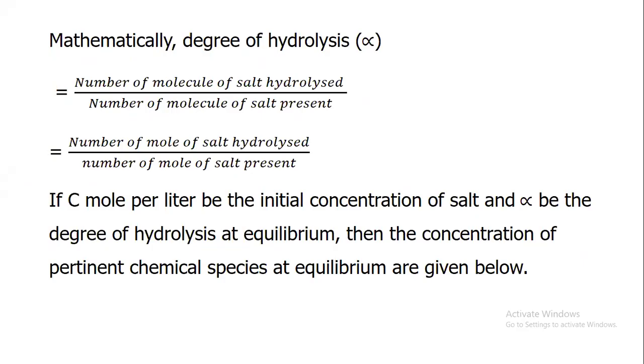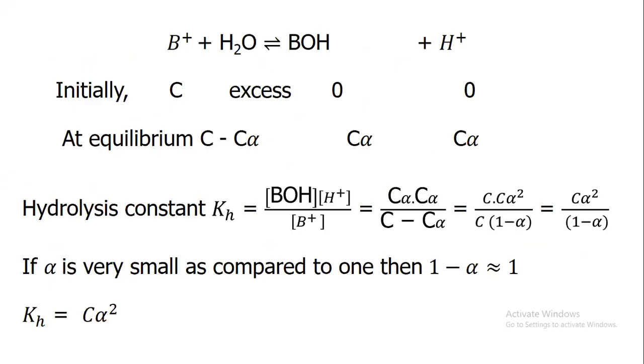If C mole per liter is the initial concentration of salt and alpha is the degree of hydrolysis at equilibrium, then the concentrations of the chemical species at equilibrium are as follows. For B+ plus H2O giving BOH plus H+, the initial concentration is C, water in excess, and initially 0 for the products.